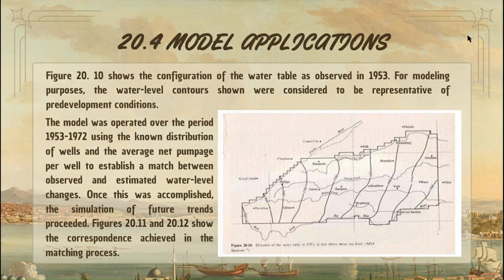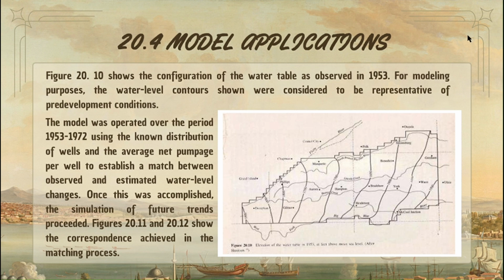The water table in the area was free, with water level contours from 1953 used as pre-development conditions in modeling. The contours were believed to reflect a balanced water table due to limited historical groundwater withdrawals. Transmissivities estimated from drill hole samples are crucial for modeling and determining well yields.